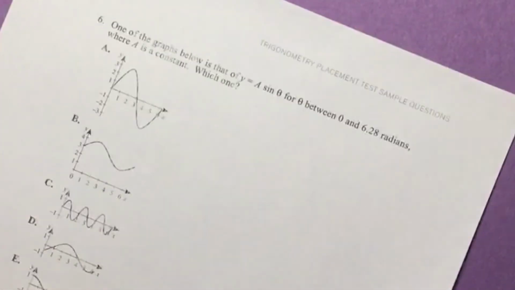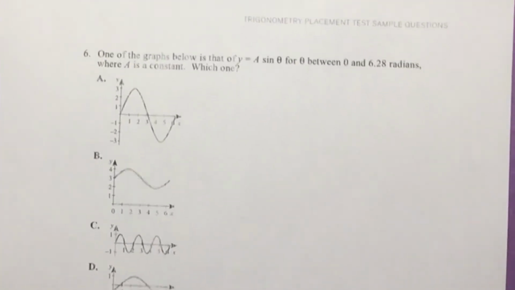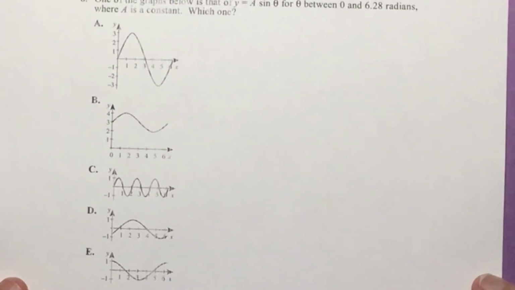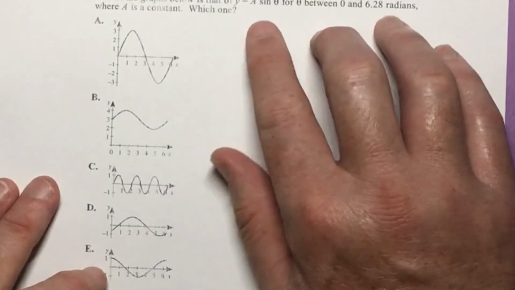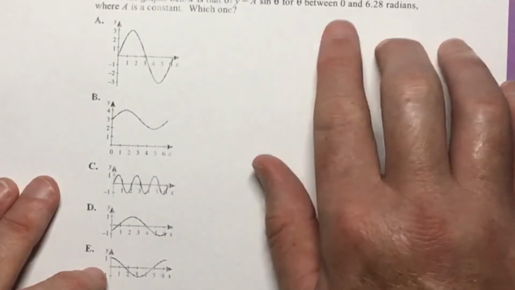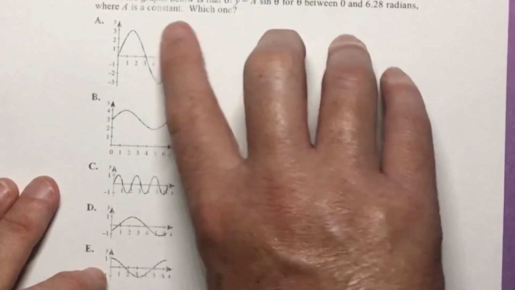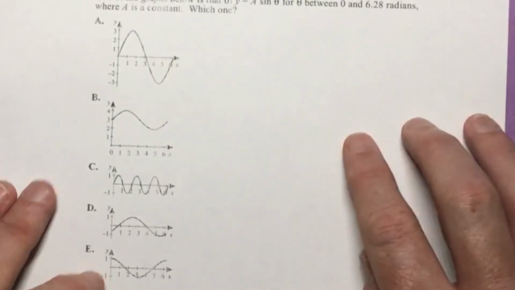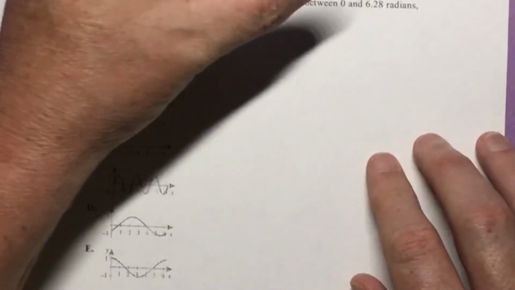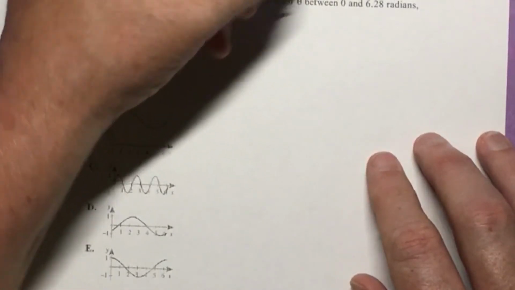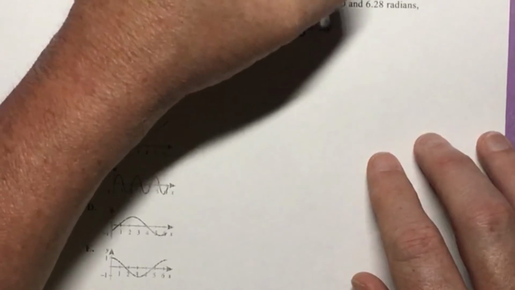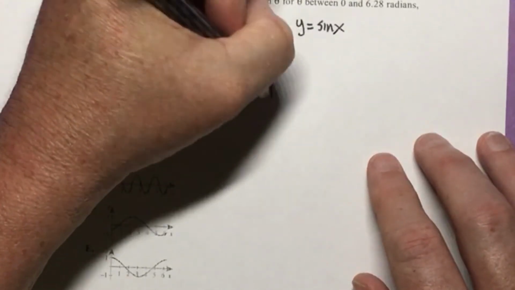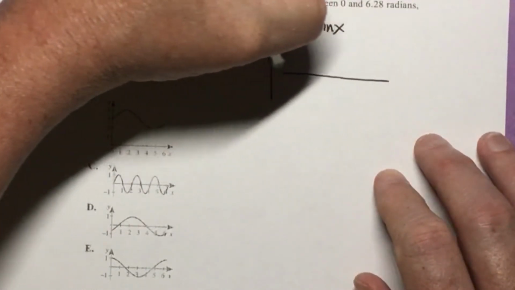All right, number 6, this is a big one. Let me move that up a bit. One of the graphs below is that of y equals A sine theta for theta between 0 and 6.28 radians, where A is a constant. Which one? Again, I draw you toward the notion of what y equals sine x looks like.